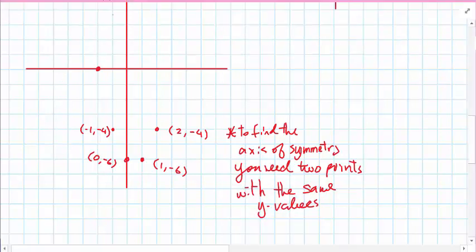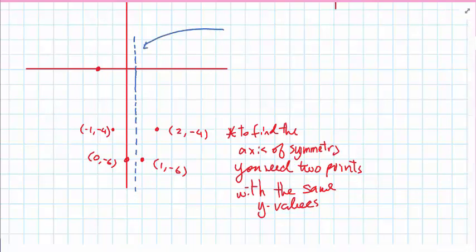Now, let me draw it in here. So the axis of symmetry is somewhere around here. Okay. And in order to find the axis of symmetry, what you have to do is find the what? Middle. Yeah, the midpoint, right? If you think about it, you're looking for the middle of those two. It means you're looking for the midpoint.